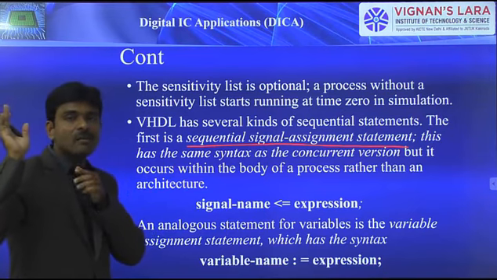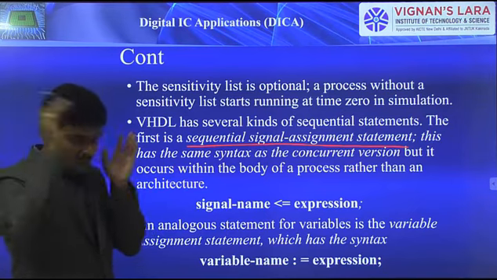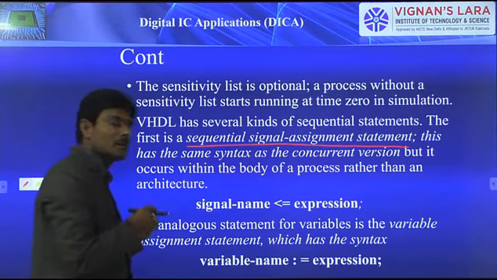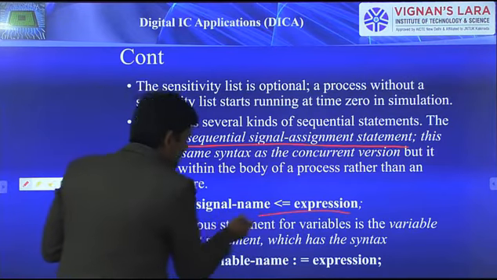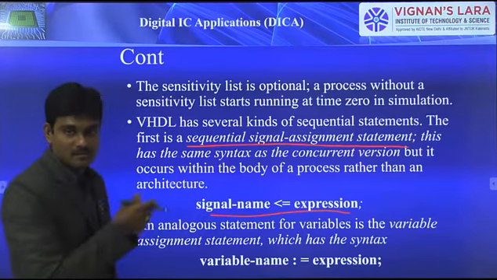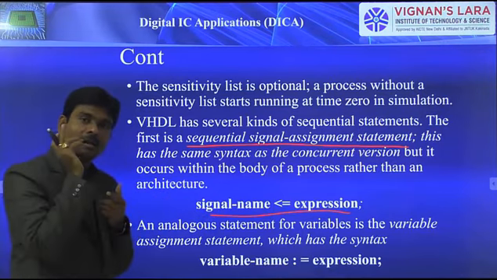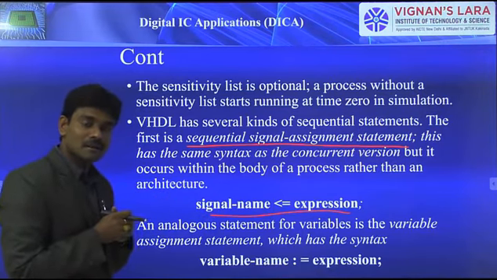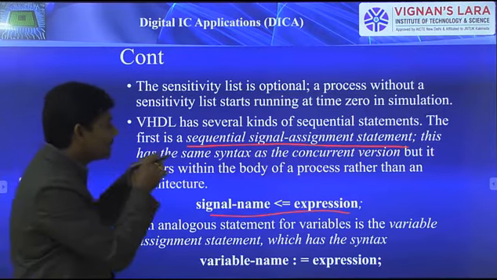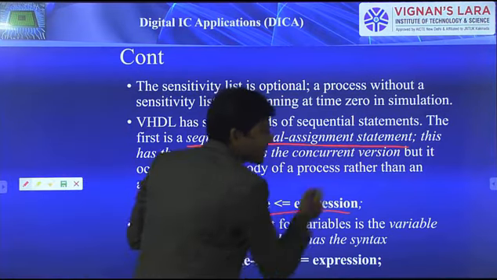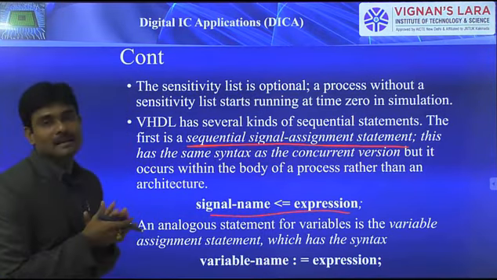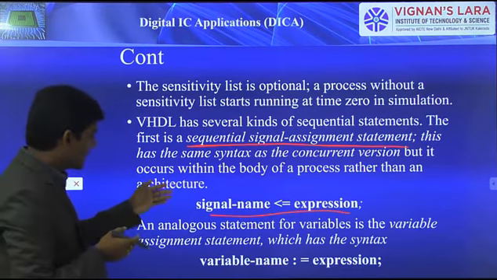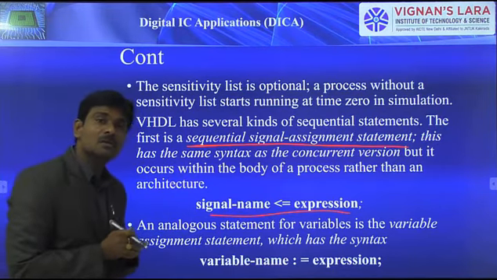The syntax for that one is signal name less than or equals to expression. This is what we studied to represent the concurrent signal assignment statement. Here, for the sequential signal assignment statement, the syntax is also the same: signal name less than equals to expression.